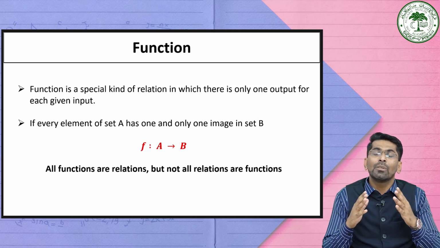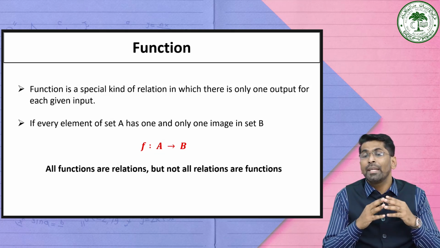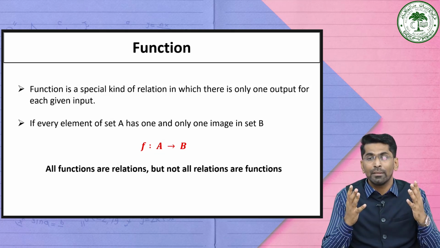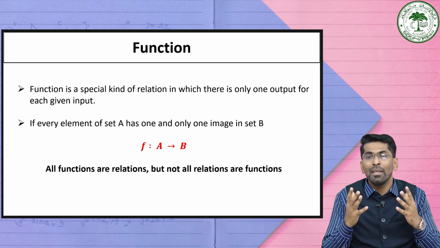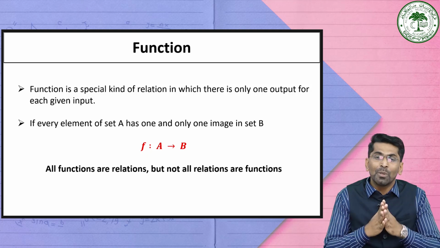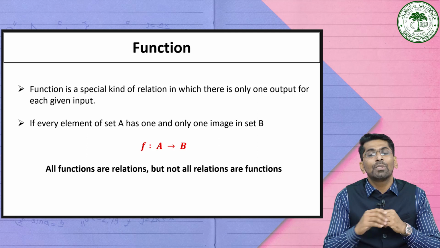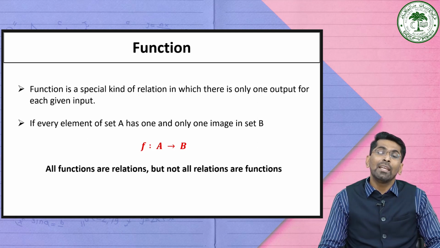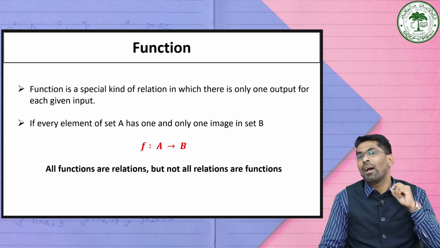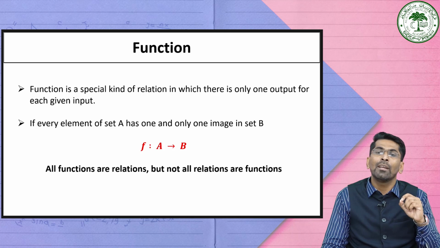It is a specific kind of relation. Why is it so? A relation can be any set of ordered pairs, and it may or may not possess the property that every element in the domain is associated with a unique element in the codomain. That's why we are saying all functions are relations, but all relations are not functions.